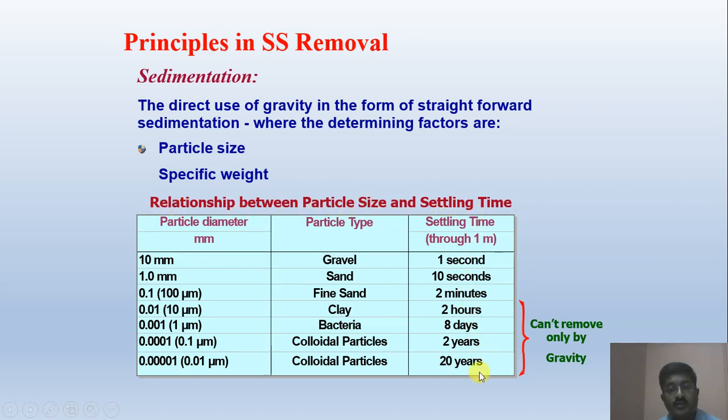If gravel is there, it takes about 1 second to settle, and if colloidal particles are there, which are of this size, you can understand that only gravity is not sufficient to remove all these particles, so we have to give some special treatment to that.